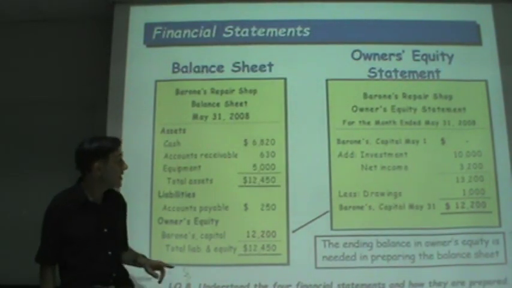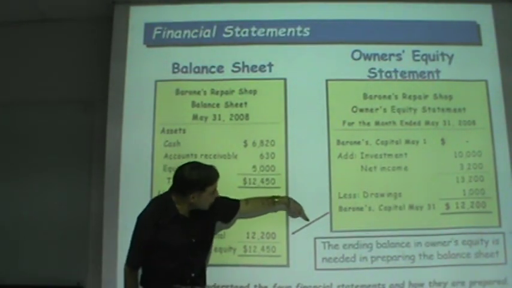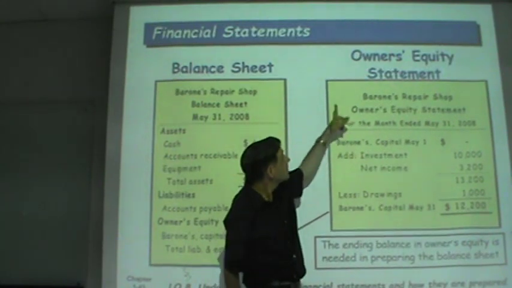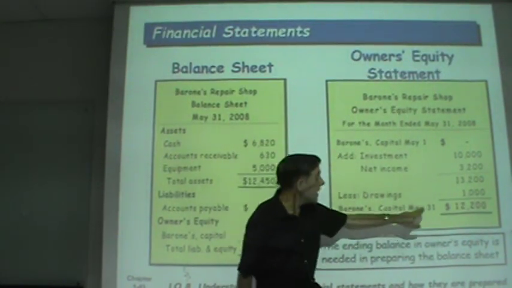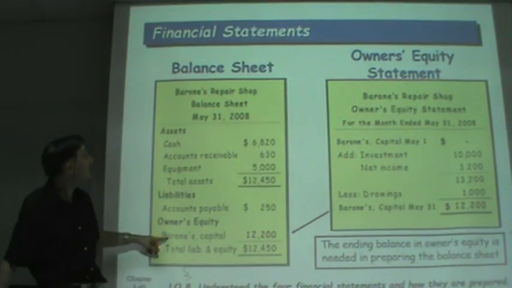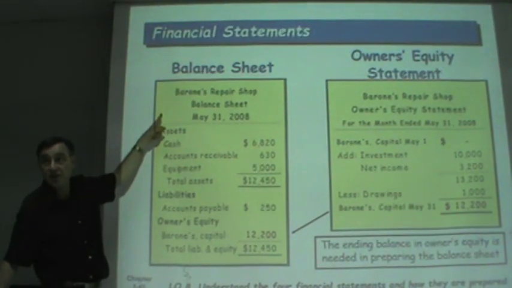And finally, see how the arrow goes here. You take the owner's equity, the last number, and you put it back in the balance sheet.